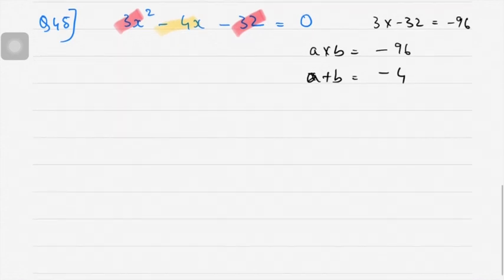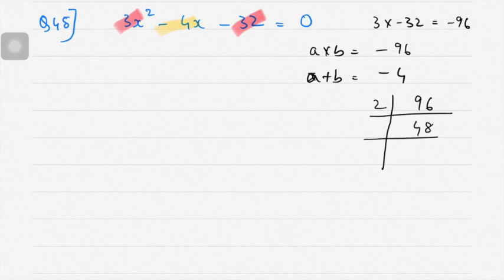When you multiply, it has to be minus 96. Okay, so let's try to solve this. Let's see the factors of 96. 2 into 48.